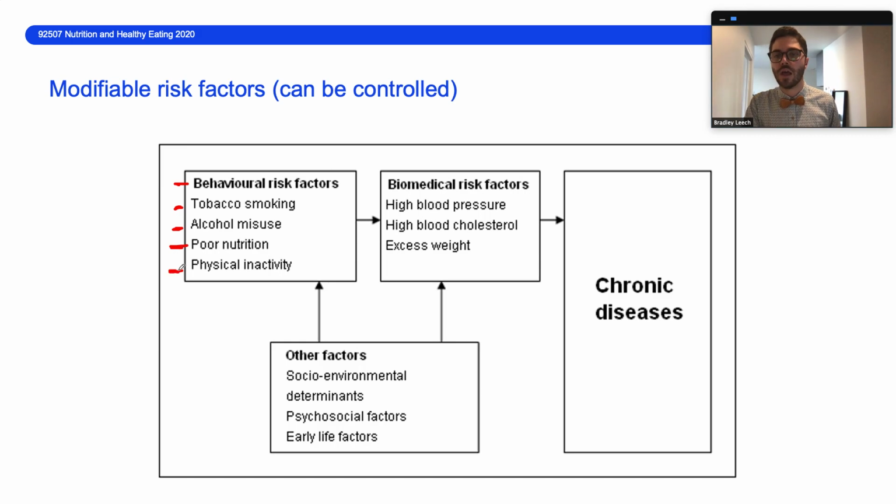These are factors that we can change, and thereby change the odds and risk of developing chronic diseases. These particular behavioral factors can then go on to result in increased blood pressure. It can increase excessive weight, can increase blood cholesterol, which then goes on to contribute to chronic disease.